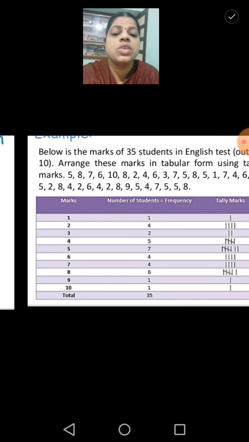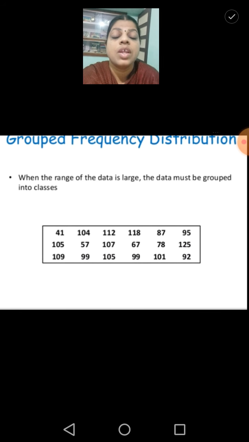So understood, children? Yes. Next we can see the grouped frequency distribution table. What's the difference between that and this one, children? Here we can see the range of the data is large, right?